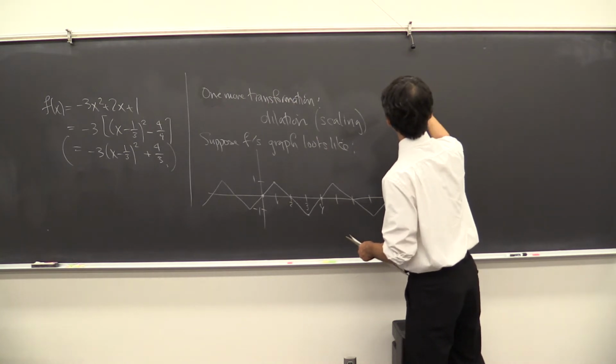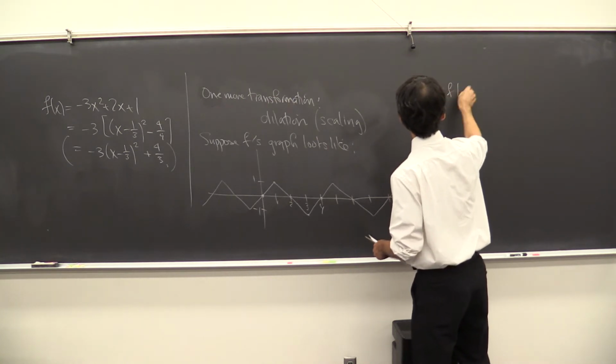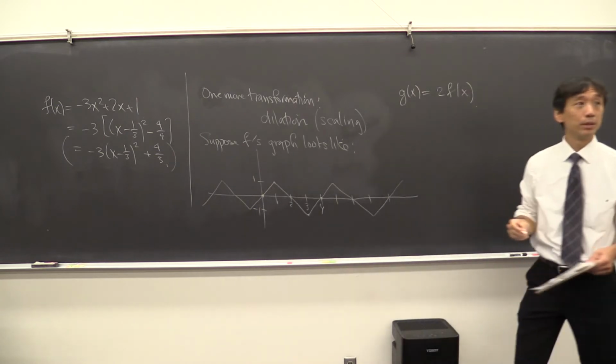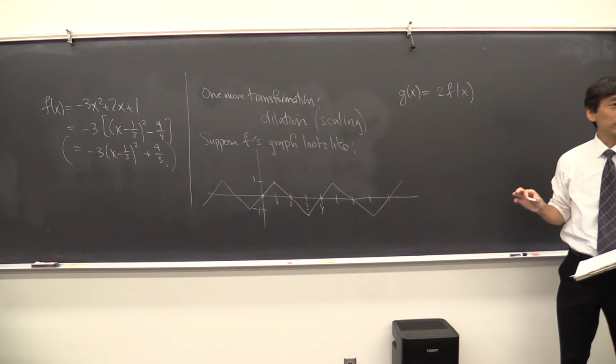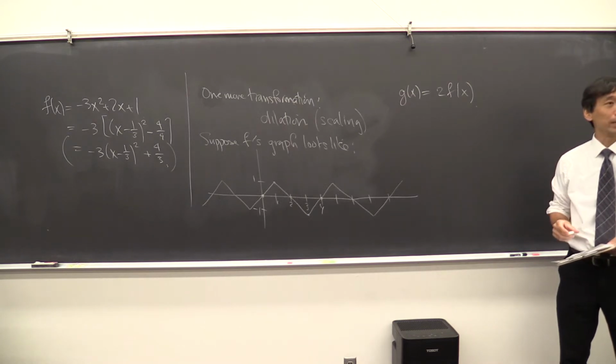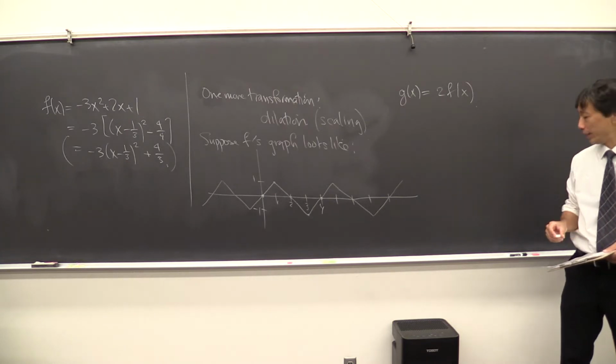So suppose I have another function, and it's just a multiple of f. Take a few seconds and draw what that graph would look like. What would the graph of g look like?